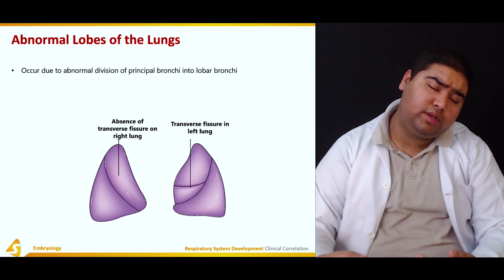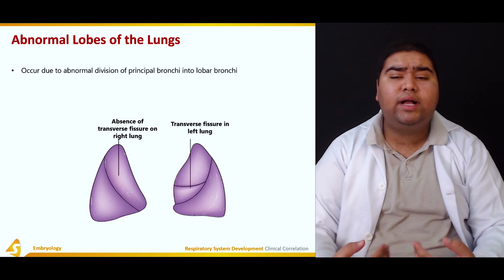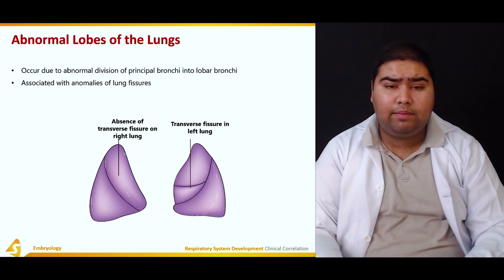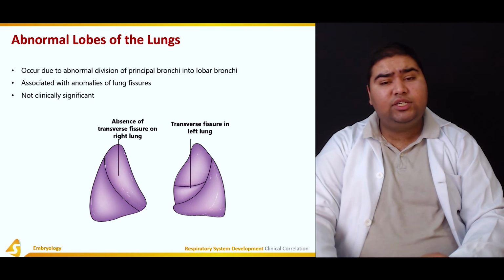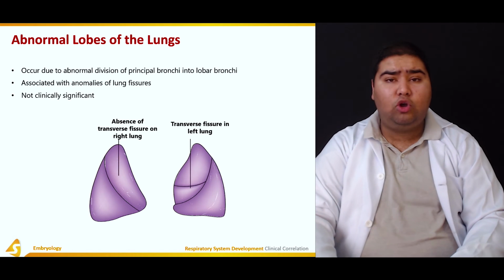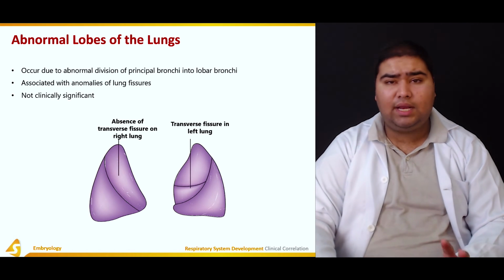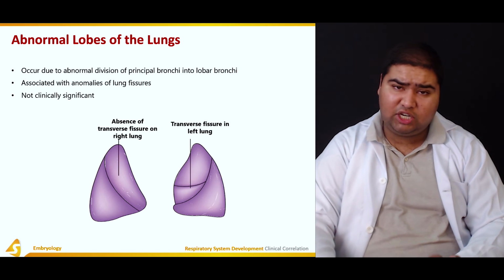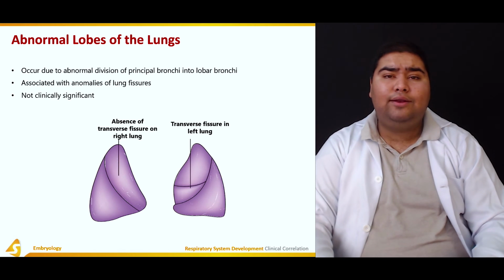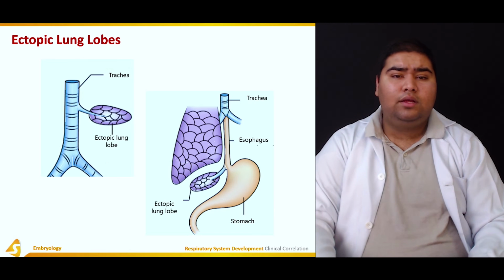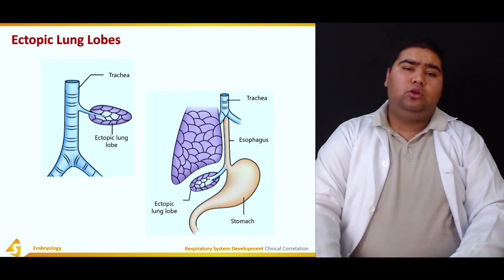So during the division of principal bronchi into the lobar bronchi, there may be some abnormality. They're associated with anomalies of the lung fissures as well. However, they're not clinically significant because the lungs are performing their function optimally, and abnormal lobes of the lung are not that significant.